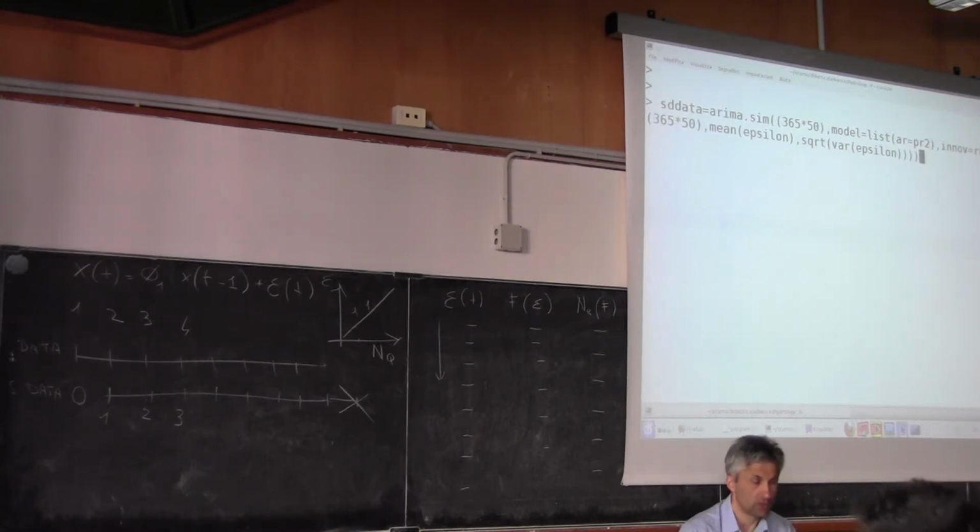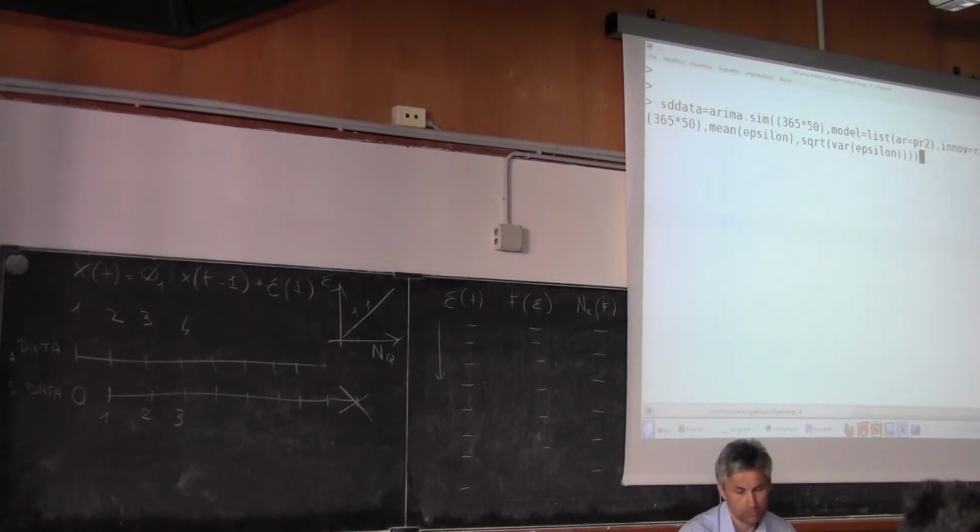This is the instruction, and let's try to understand what it is. First of all, the name of the variable is just my idea, SDT data, and the function is arima.sim.